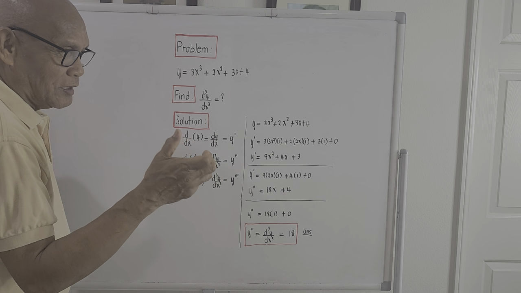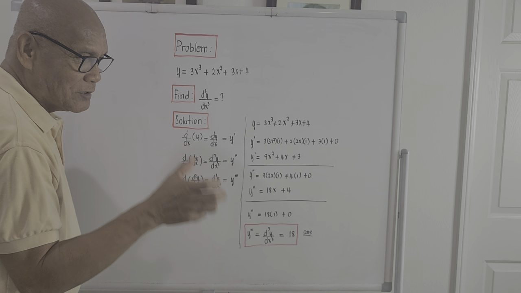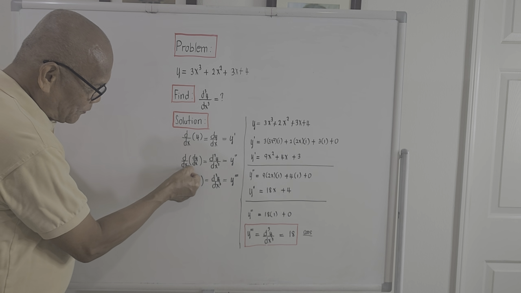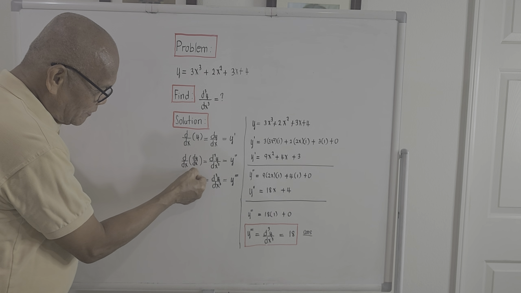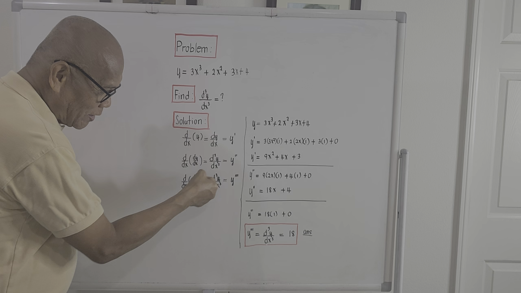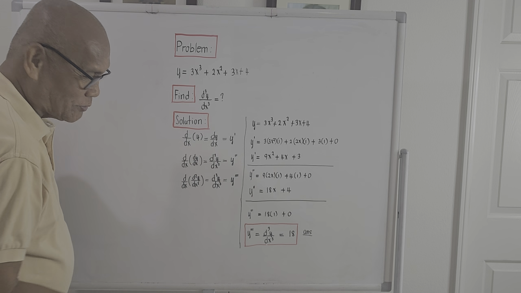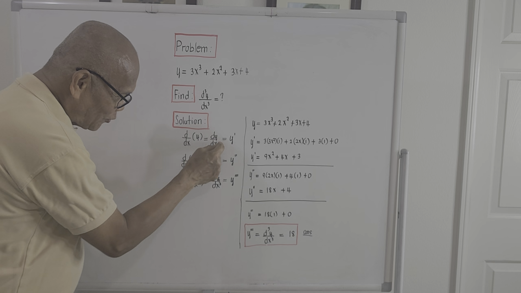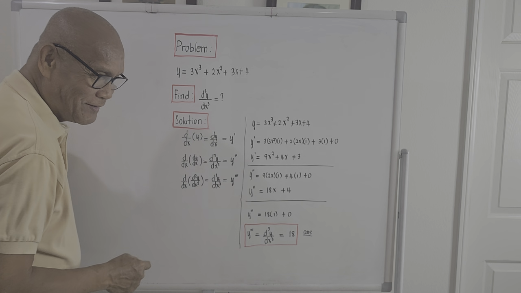Let's take again the derivative of the first derivative. The derivative with respect to x of the first derivative can be simplified to d squared y over dx squared.